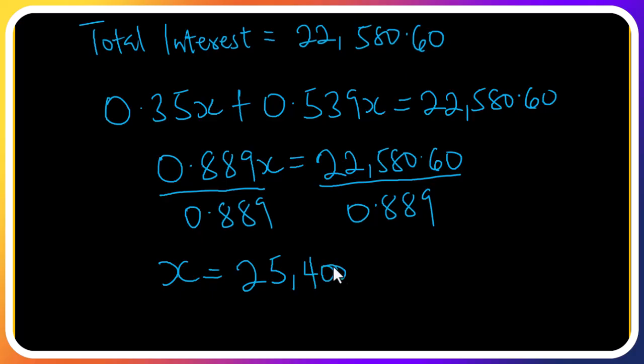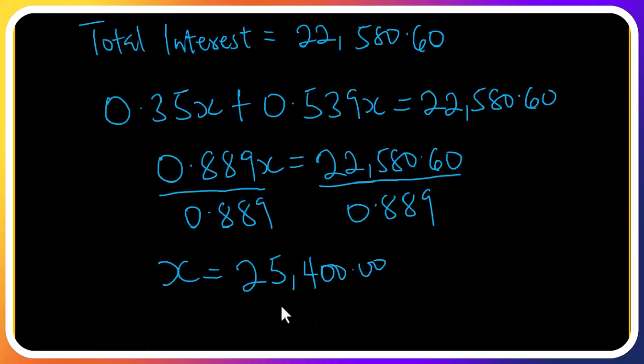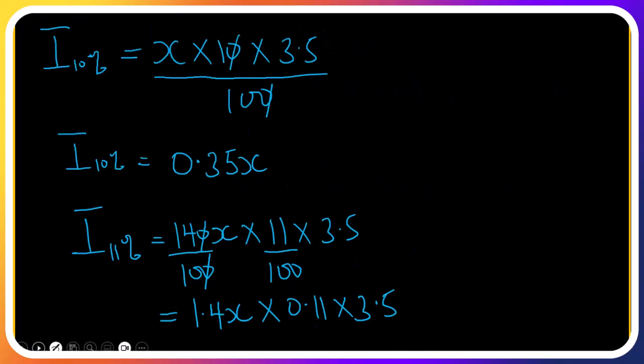Now x gives us 25,400 Ghana cedis. So this was x, and x was the investment, 25,400 Ghana cedis. So this was the amount invested, and that was our principal. So we can find the interest at 10% by substituting in the value of x.